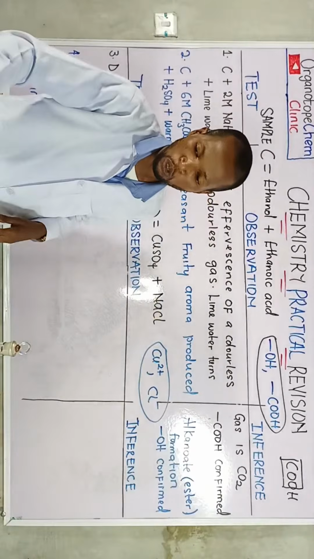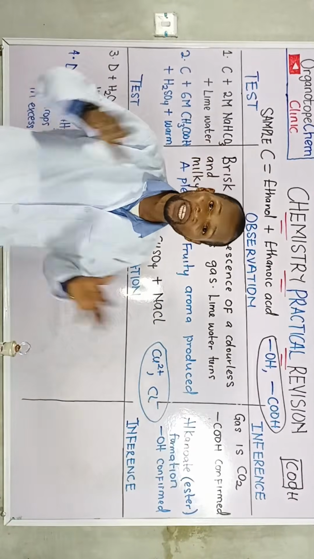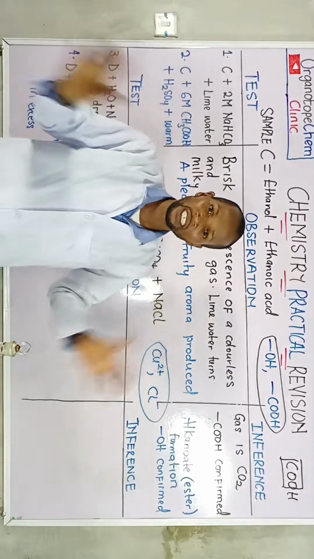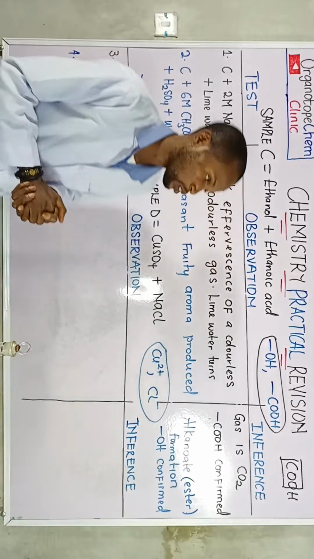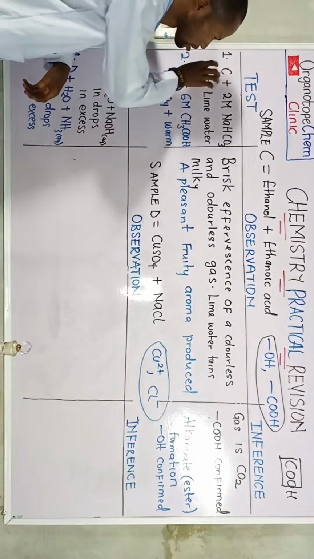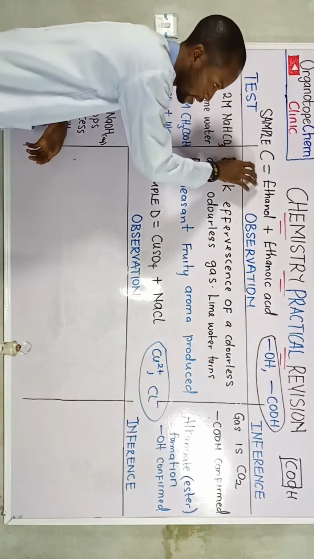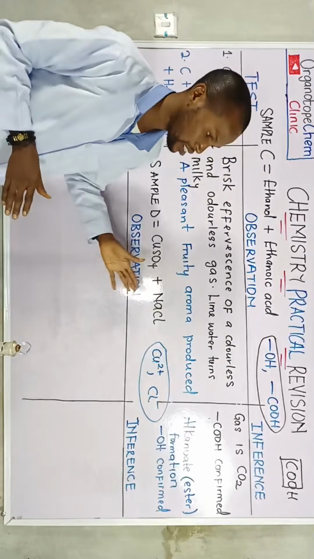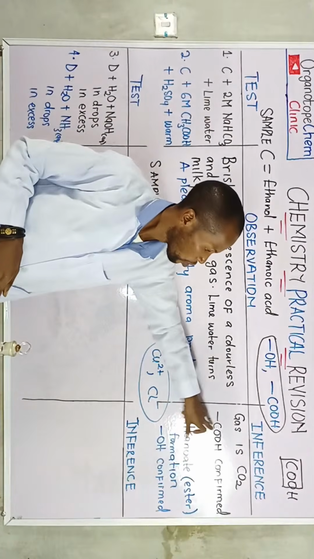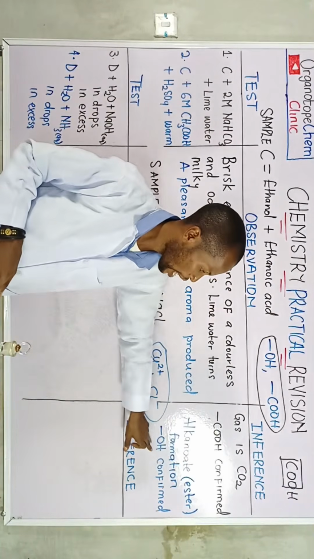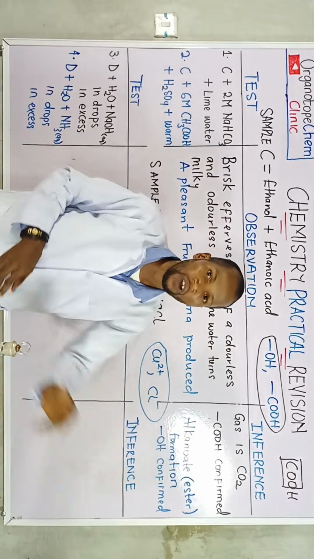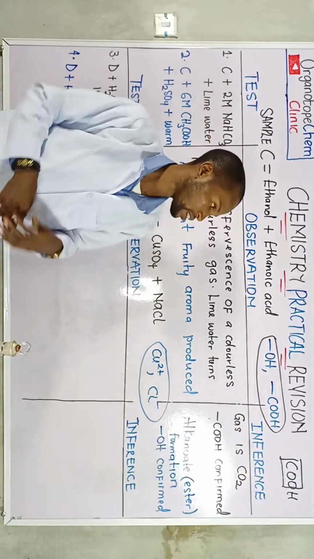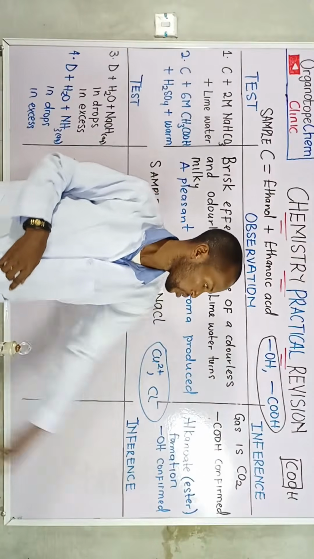These are the two possible tests based on the reagent provided, the two possible tests that we can have on sample C, which contains what? Ethanol and ethanoic acid. If this is clear, type COOH and OH confirmed in the comment section.